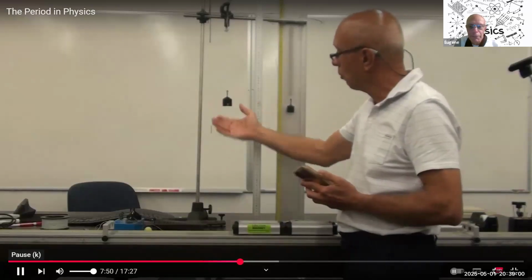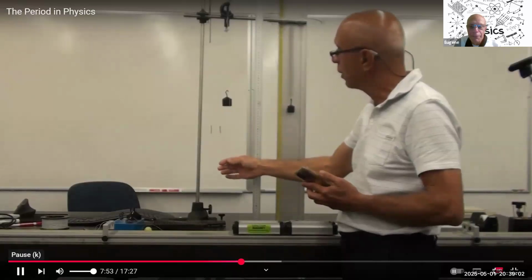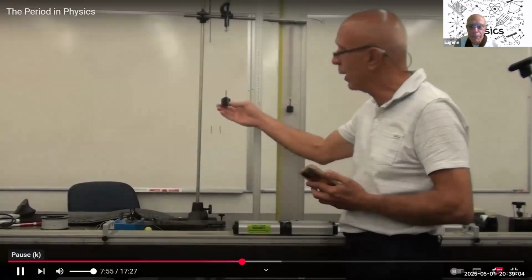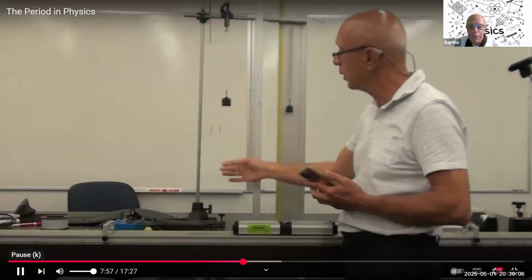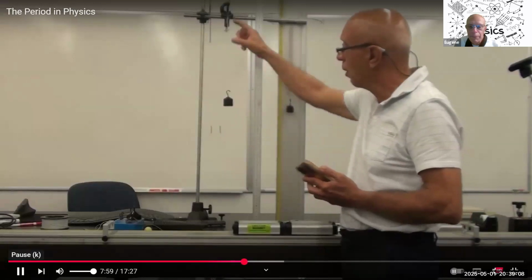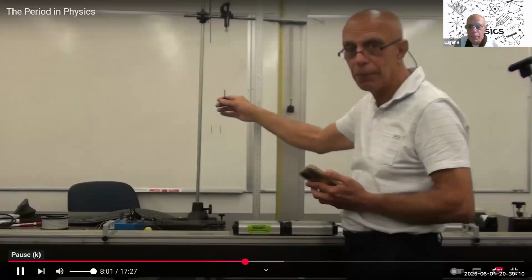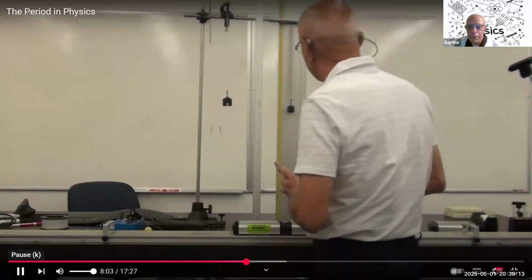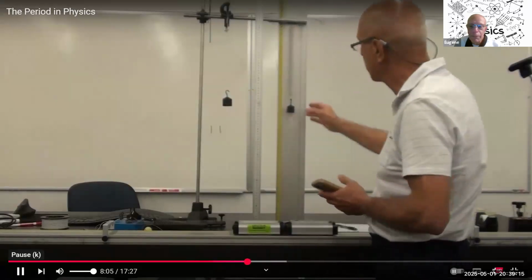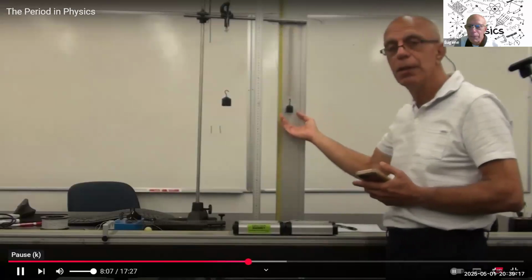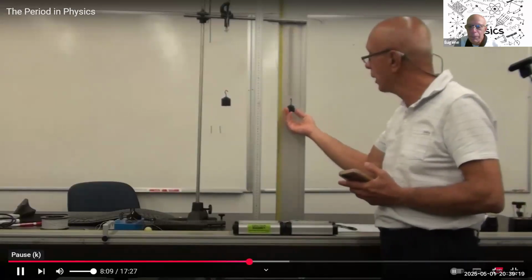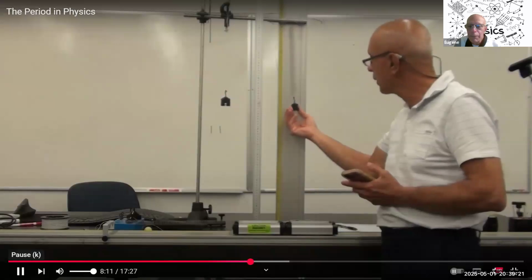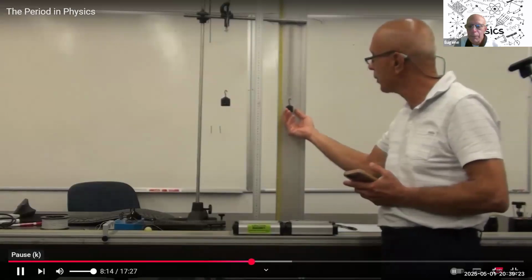So what is really a factor on the pendulum that affects the period is really the length of the pendulum, right? Very good. Now, let's go and see the mass on the spring. So I have here a mass of 100 grams.